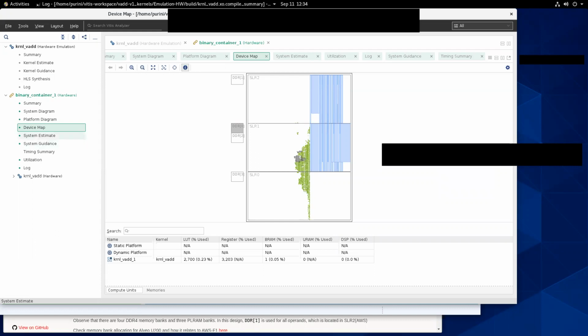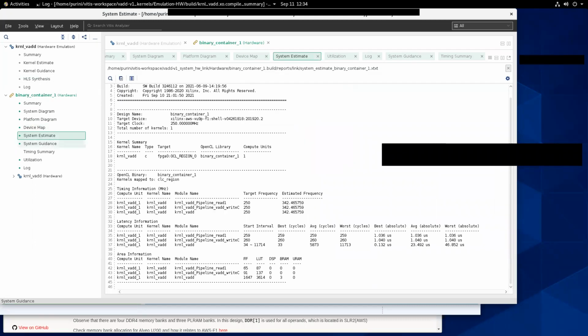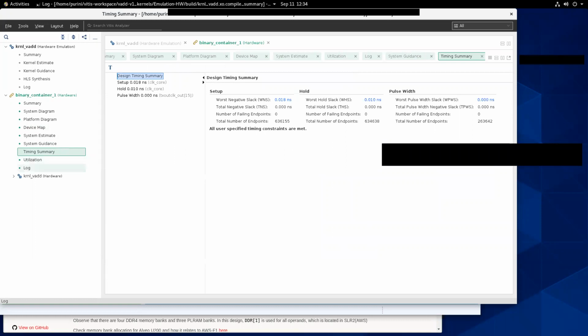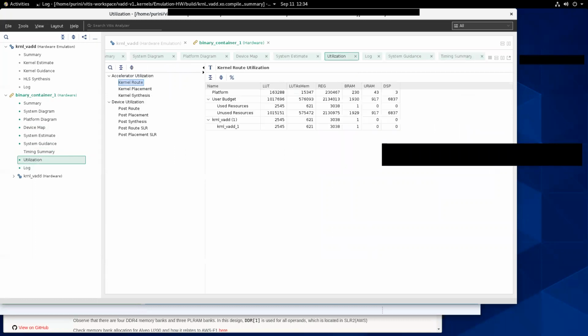And then let's keep going. Yeah, this is timing. Whenever you do synthesis, you have to look at what is the LUT utilization, what is DRAM utilization, what is URAM utilization, what is DSP utilization.